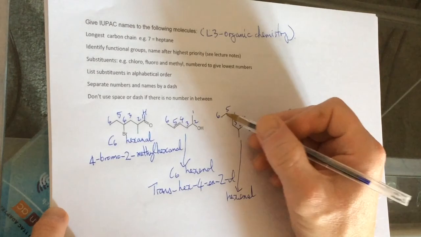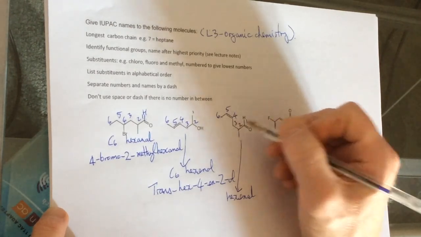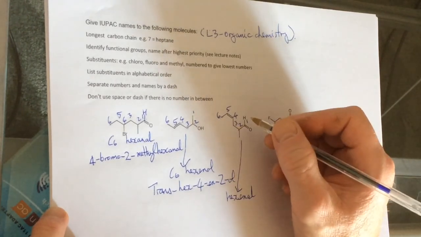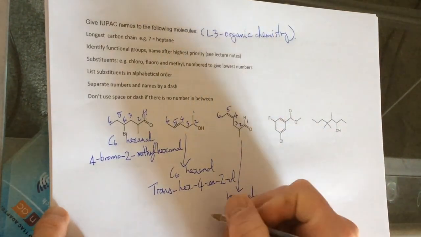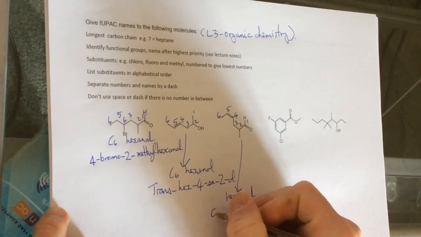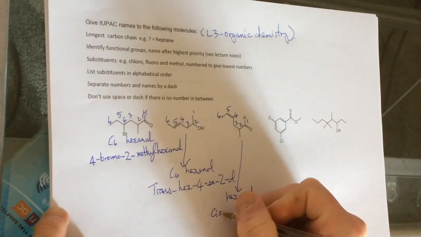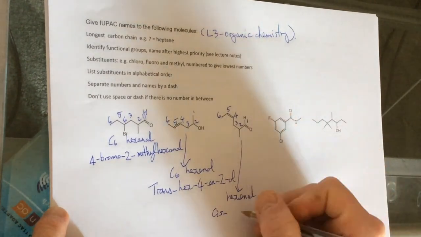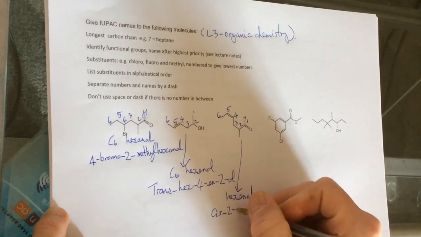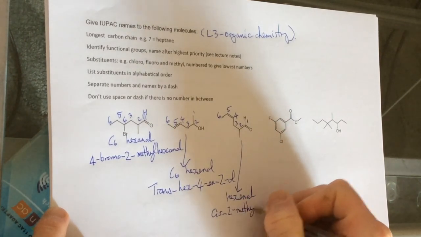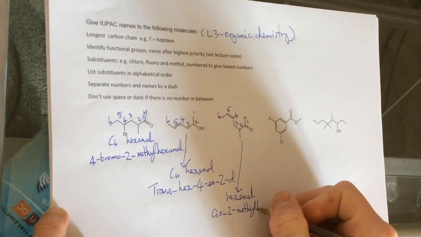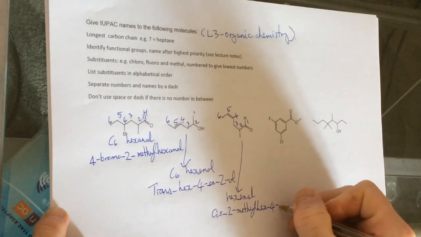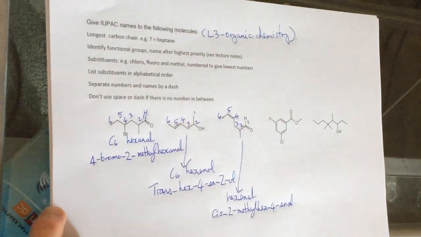But now the double bond, the two carbon groups, which are higher priority than the two hydrogens, are on the same side of the double bond, so that's called a cis. So we'll call that cis, and then the methyl, because that's only a substituent, 2-methyl, and then join that on to hex-4-enal.